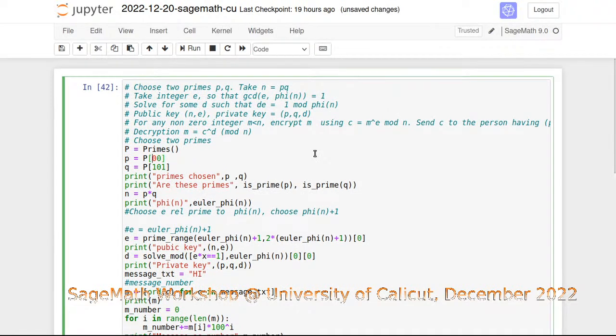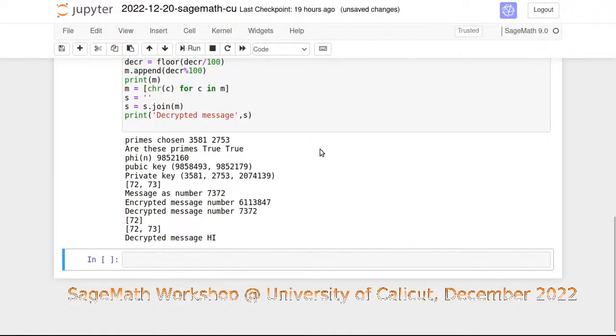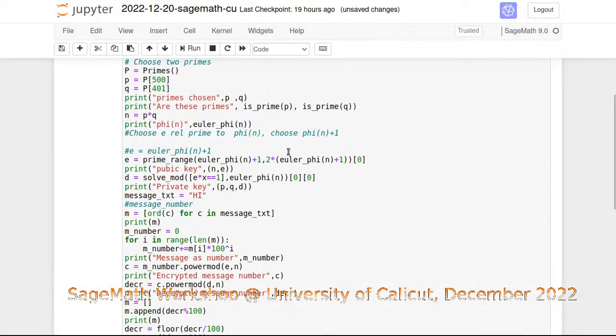If you choose a large prime, what will happen? That's another question we have to ask. 200 or 500, 400. Then also it will work.